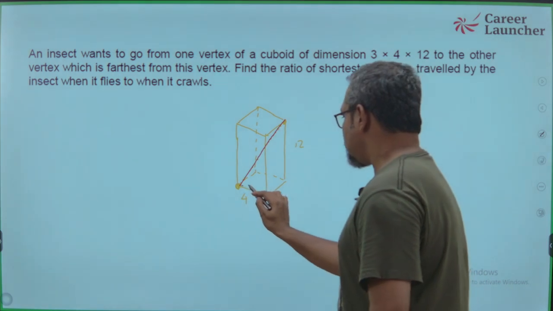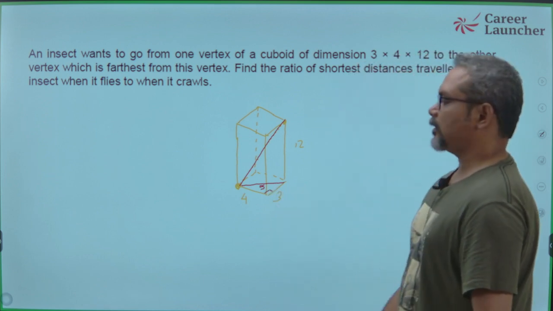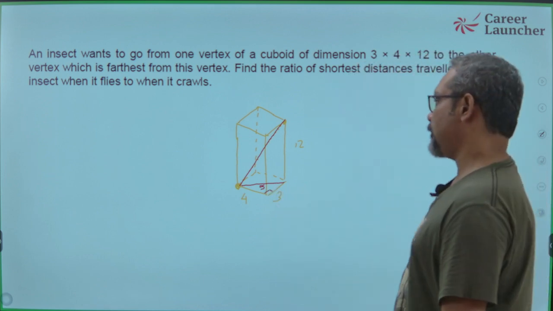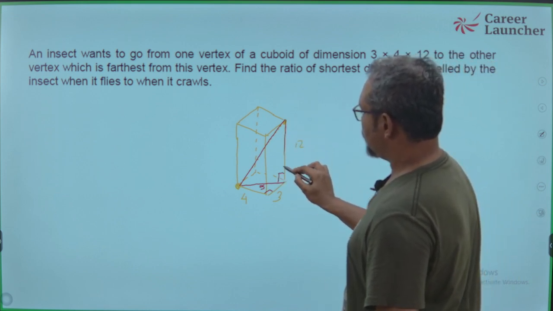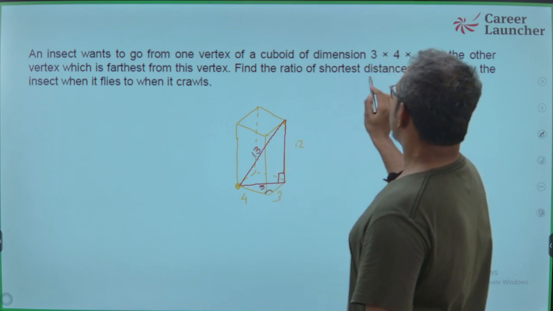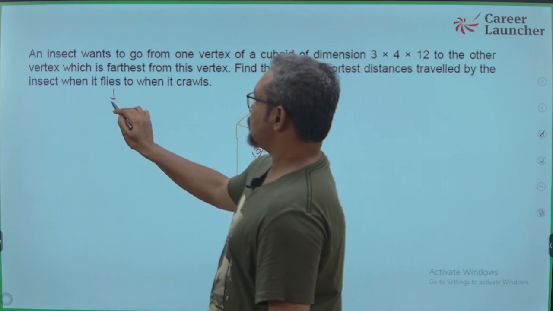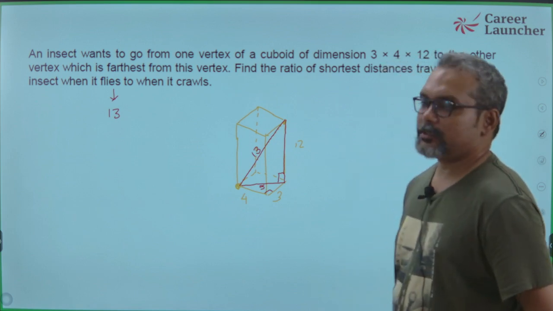So the base diagonal is going to be 5, by Pythagoras theorem: 3 squared plus 4 squared is 25, the square root is 5. And now we have another right angle triangle. 5 squared plus 12 squared is 13 squared. So when it flies, the distance is 13. That much we know. Now to when it crawls.